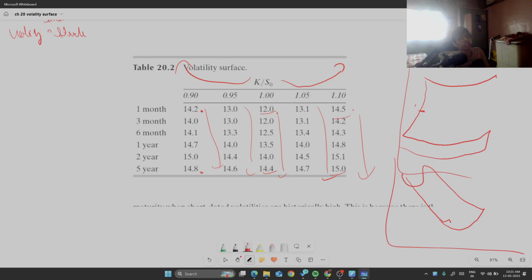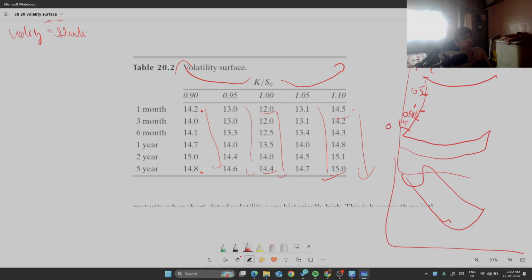Okay, and let's say we have to construct a surface, right? This is volatility 1. We have 1.05 and 1.1, 0.9 and 0.95 and 0.9, right? And we have this for market observed data, but we don't have data in between to make a smooth surface.